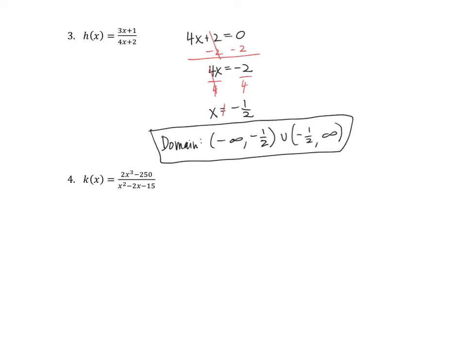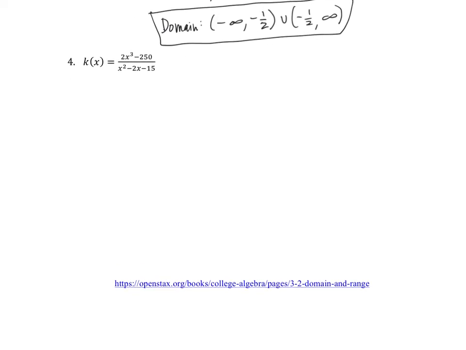Okay. Number 4, again, we see that we have a fraction, so we don't want the denominator to be 0. I'm going to set it equal to 0 and solve. So x squared minus 2x minus 15 equals 0. Notice that I have x squared.